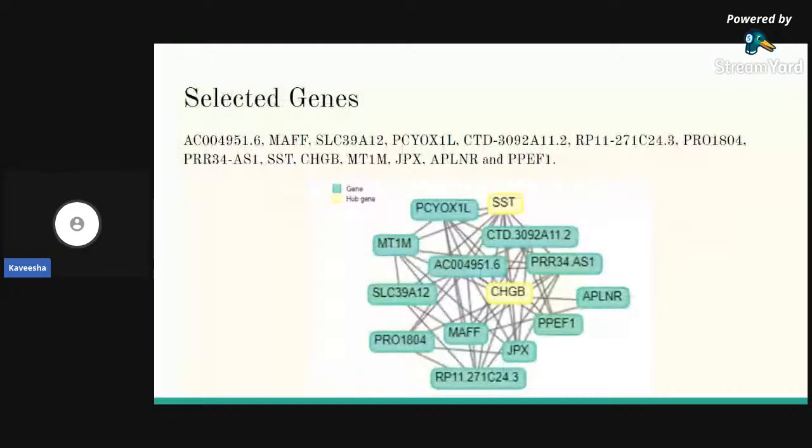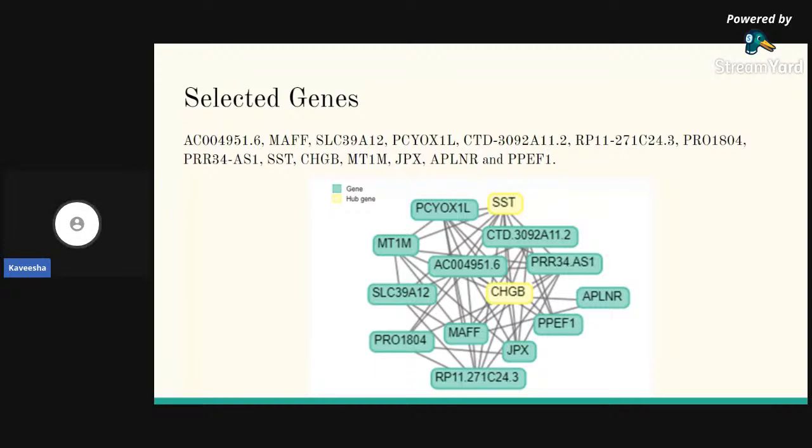So by combining those results, we were able to select 14 genes. The gene symbols are shown here, and you can also see the correlation between how those genes are selected. And also, we found that out of those 14 selected genes, some genes have already been identified and validated by other biological sources that are related to Alzheimer's disease and have a high impact on the disease.